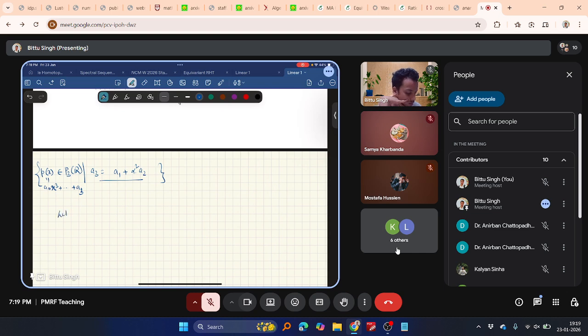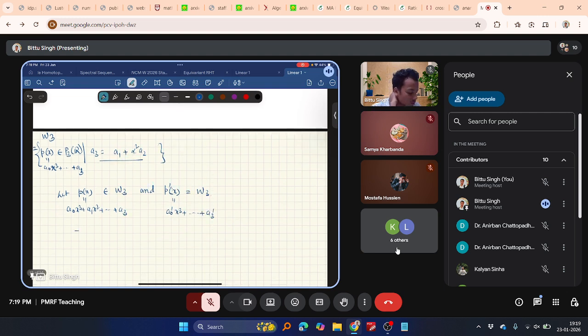Now denote this set by W3. Let P(x) belong to W3 and another polynomial Q(x) belong to W3, or let me denote it by P dash x. So P(x) was given by A0 x cube plus A1 x square up to A3, and P dash is A0 dash x cube up to A3 dash.